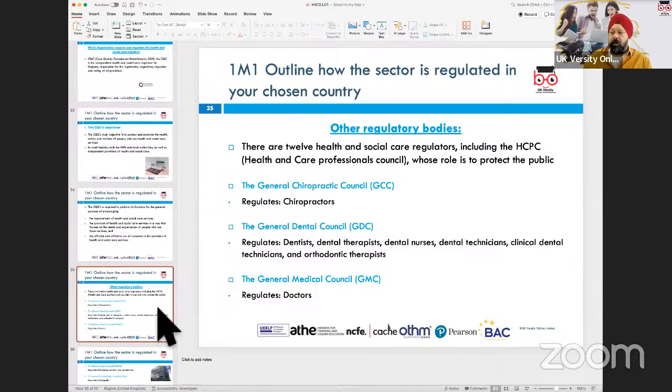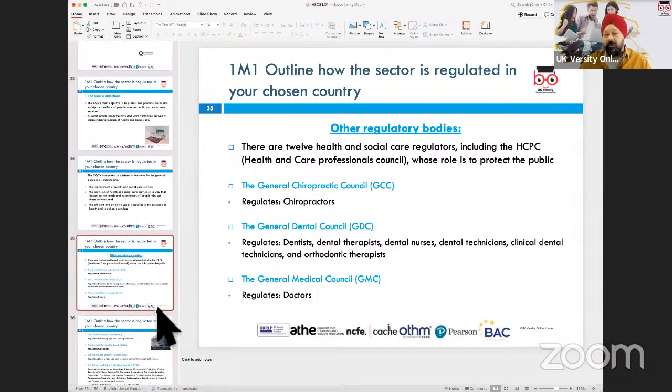These are all what are called chartered bodies. So there are 19 of them that you need to be aware of. So when I talk about, for example, the GMC, which is the General Medical Council, which is a council which regulates doctors or GPs. So if you want to do a private practice in the UK, you would need a GMC license, and that license would be provided to you or the setup that you would create.